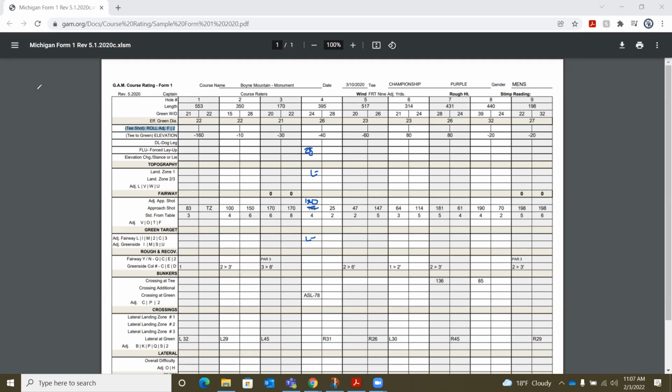But we're not necessarily laying up by choice to a specific yardage just because I'd rather hit a 100-yard wedge shot as opposed to a 50-yard wedge shot.